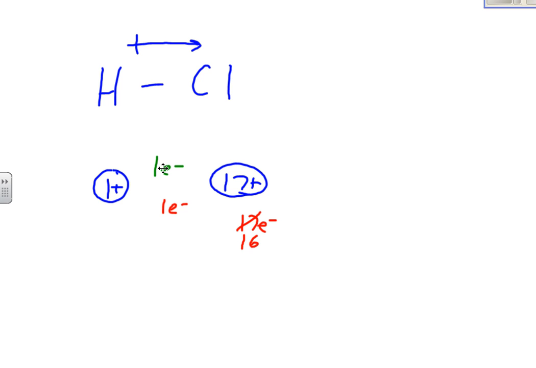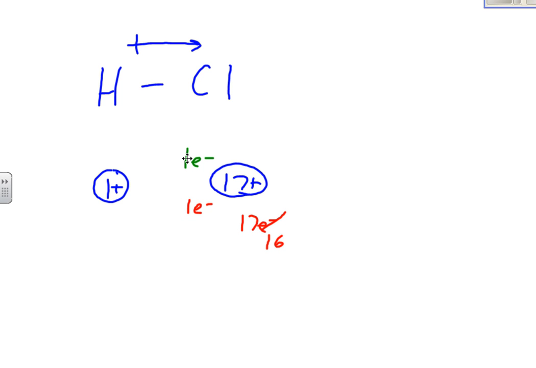Okay, but the reality is that chlorine has a stronger pull on those electrons, right? So instead of those electrons being right there, we're going to move those electrons a little bit closer to the chlorine.